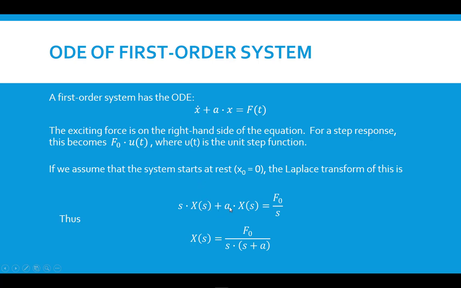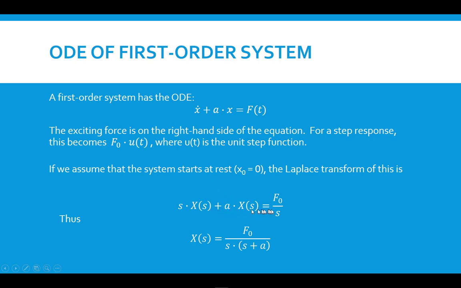The Laplace transform is linear, so when you take the Laplace transform of a constant times a function, you get the constant times the Laplace transform of that function. Our forcing function is f0 times u(t), and f0 is a constant, so it comes outside, and the Laplace transform of the unit step function is 1 over s.